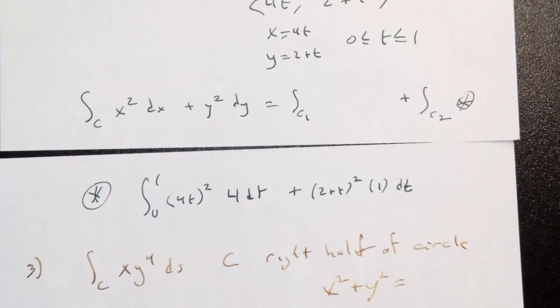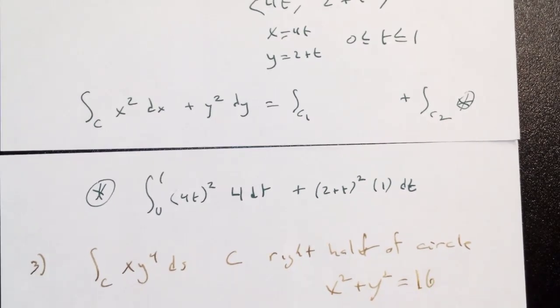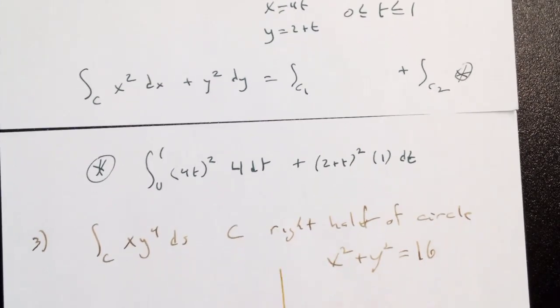X squared plus y squared equals 16. Okay, wait a minute. Right half of a circle. I'm slightly irked they didn't give me an orientation. They didn't tell me whether I'm going up or down. I'm going to make it the easy way, and I'm going to assume I'm going on the right half. To make my life easier, I'm going to go that way.